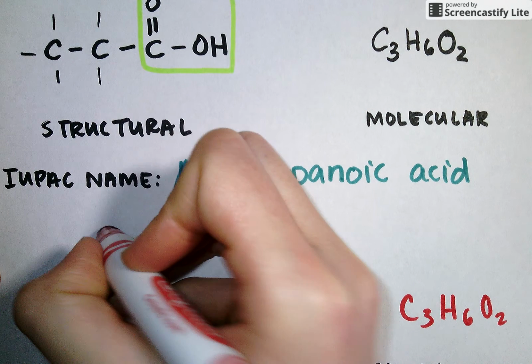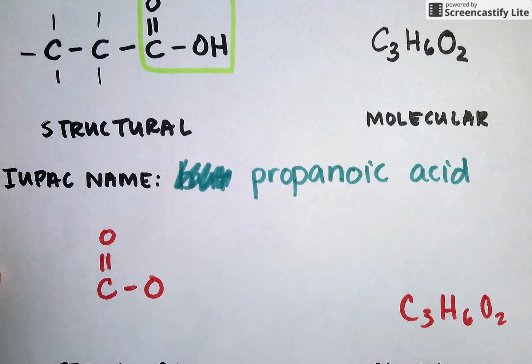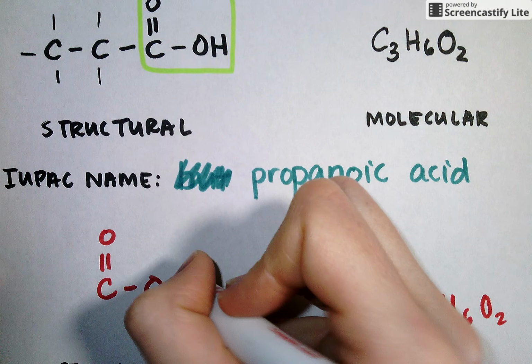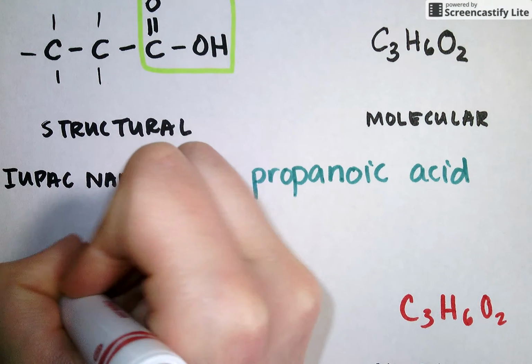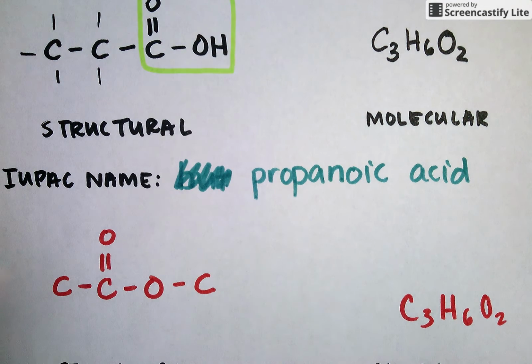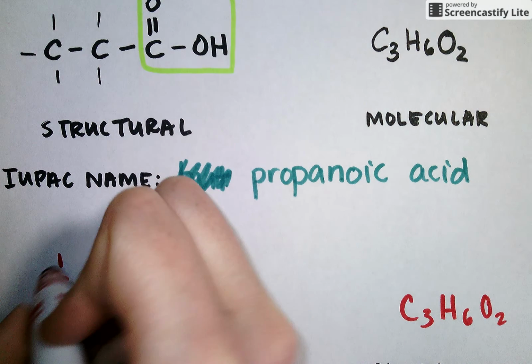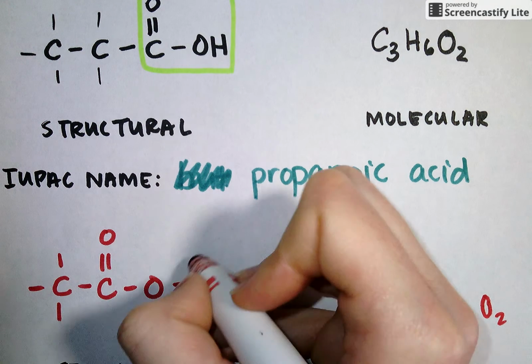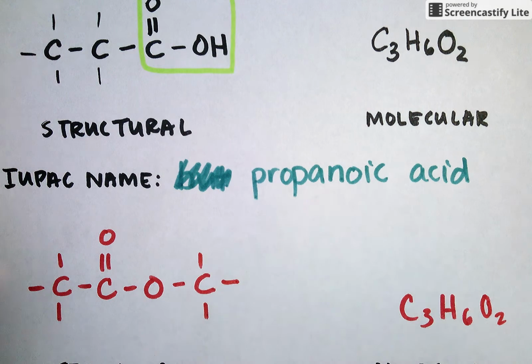So if I take that functional group and knock off the H and instead divide up my carbon chain, looking at this, I've still got 1, 2, 3 carbons, 2 oxygens, and if I fill in my hydrogens, 1, 2, 3, 4, 5, 6, I still have 6 hydrogens as well.